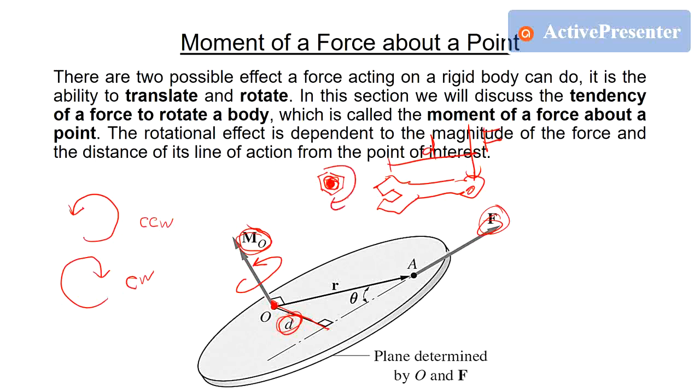If you want to rotate the nut on the bolt in this direction, the rotation will depend on how strong the force is and how far the distance of the applied force is from the nut. So that's an example of a moment. You want to rotate a certain system so that the effect will be rotation on that body.